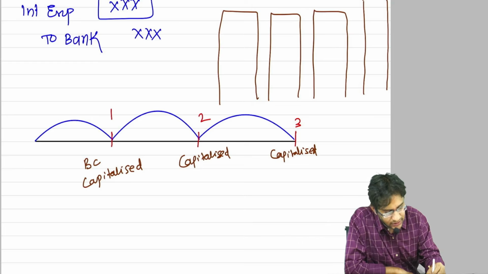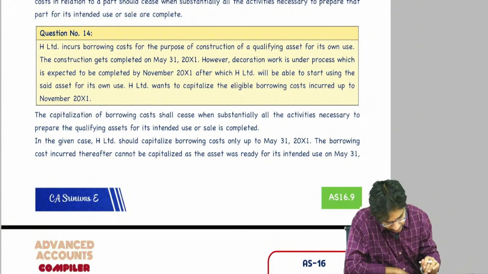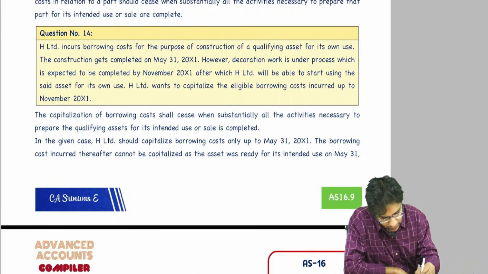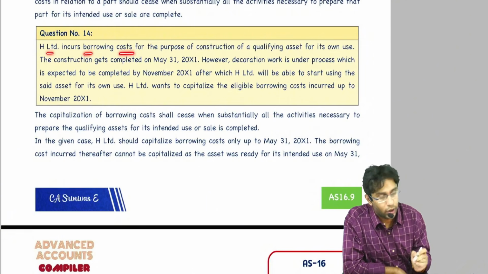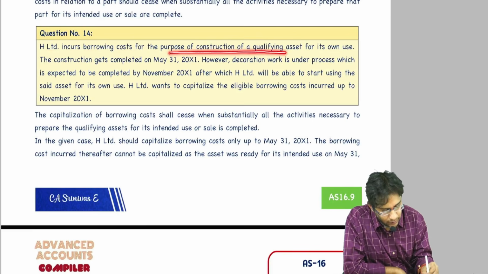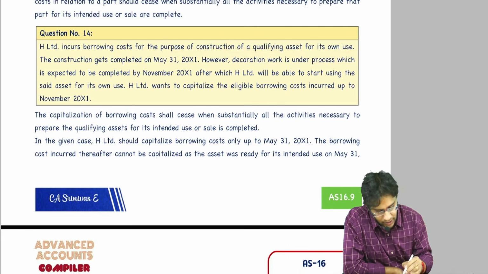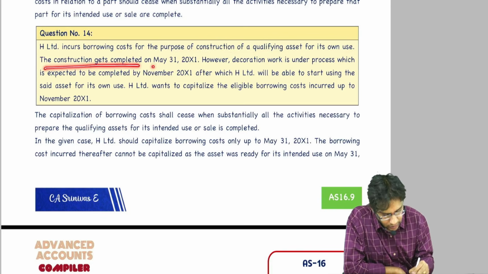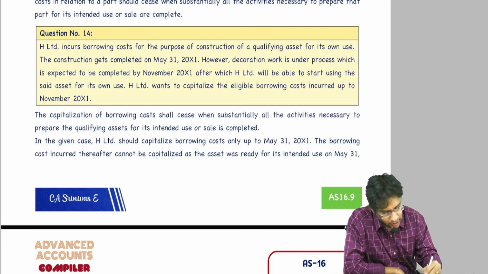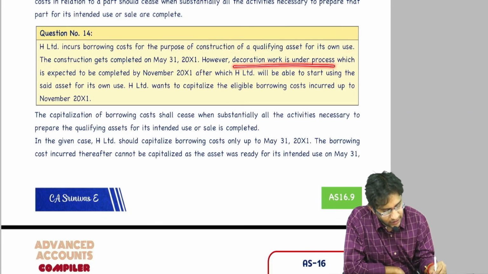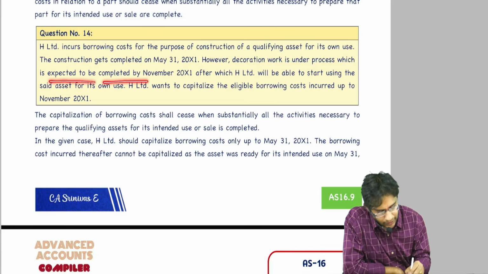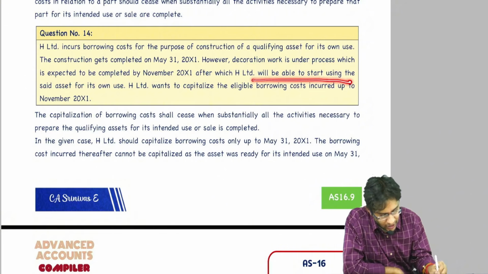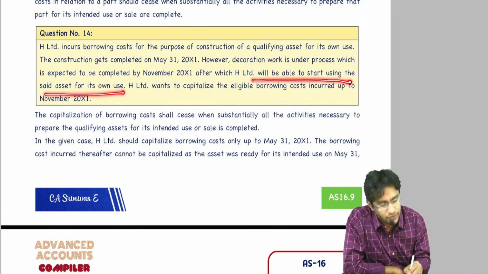Based on this only, study material, one small question is there. Look at the 14th one. H Limited incurred borrowing cost for the purpose of construction of a qualifying asset for its own use. The construction gets completed on 31st May 20X1. However, decoration work is under process, which is expected to be completed by November 20X1, after which H Limited will be able to start using the asset for its own usage.